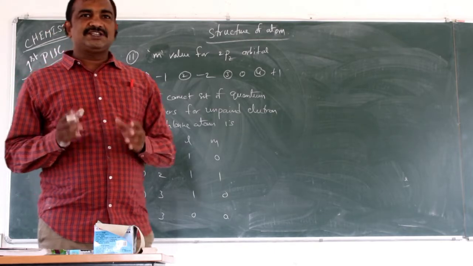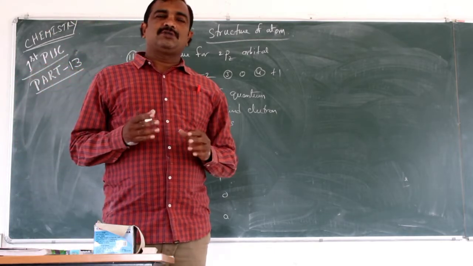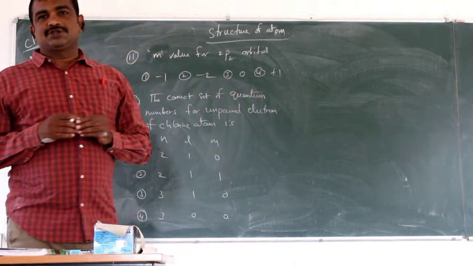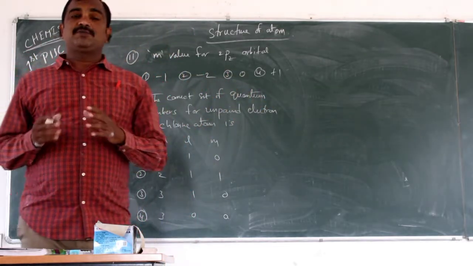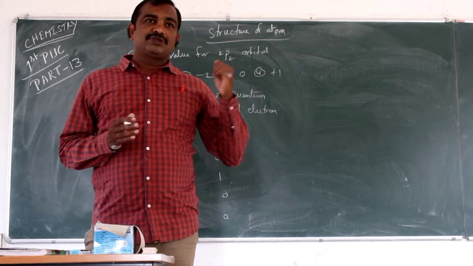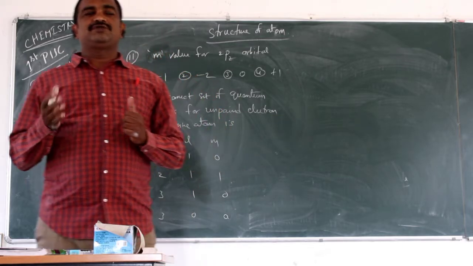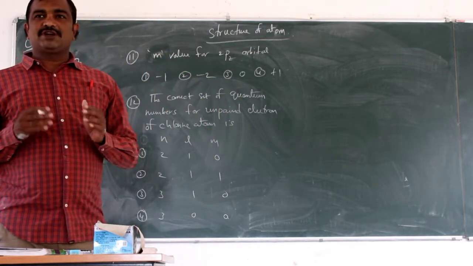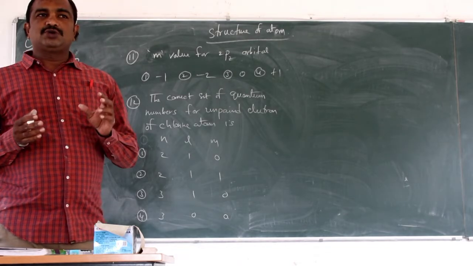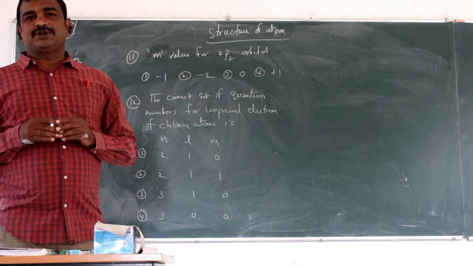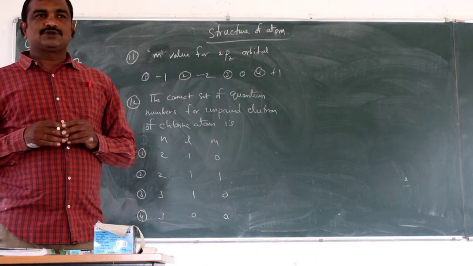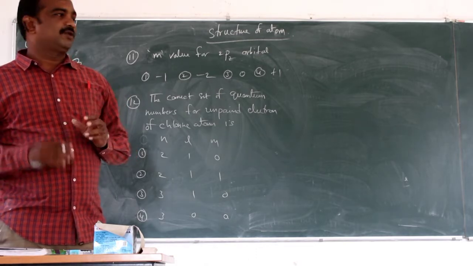This is the easiest procedure to do the problems and also the objectives. Objectives are very important. If you know the concept, we can do the objectives in a very easy way. You have to understand the concept; it is very important.